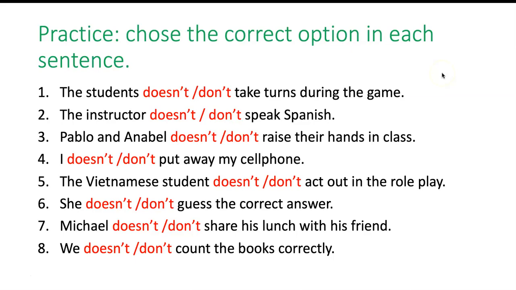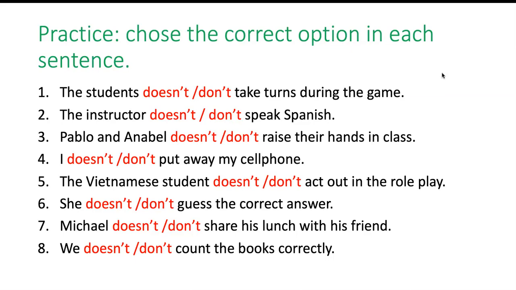the auxiliary do, you use with which personal pronouns, and the auxiliary does, you use with which personal pronouns. Remember, does you use with he, she, it, and do you use with I, you, we, and they.